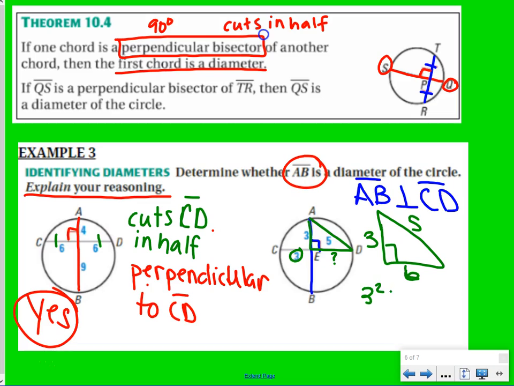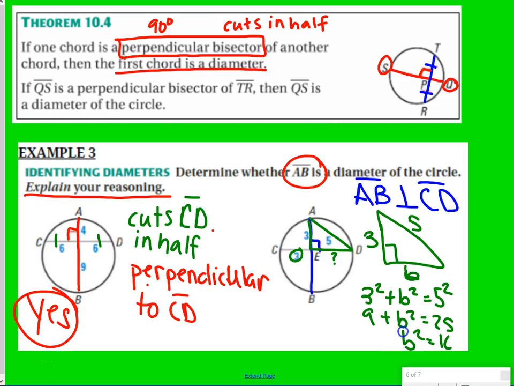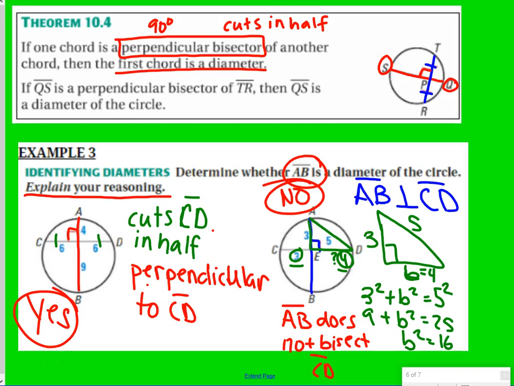So we have a squared plus b squared equals c squared. 9 plus b squared equals 25. B squared equals 16, which means b is going to equal 4. So if we have 4 over here and 3 over here, it does not bisect CD. So we can say that AB does not bisect CD, which means that no, it is not a diameter of the circle. It would be close to a diameter, but not quite.